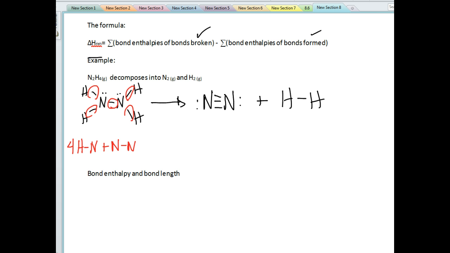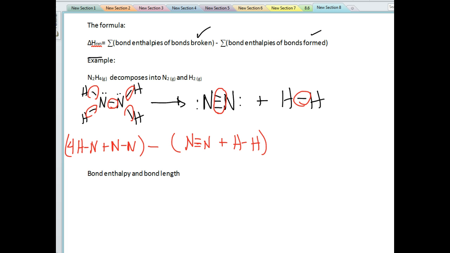And so we've taken care of all the bonds, and that is all going to be added together. And we're going to subtract it from a nitrogen triple bond. That's a triple bond. And we're going to add that to a single hydrogen bond. So now we're going to go look these values up and see what we get.